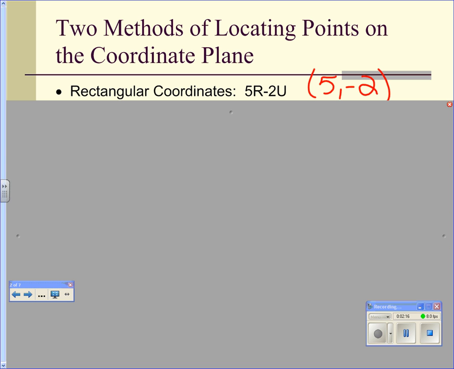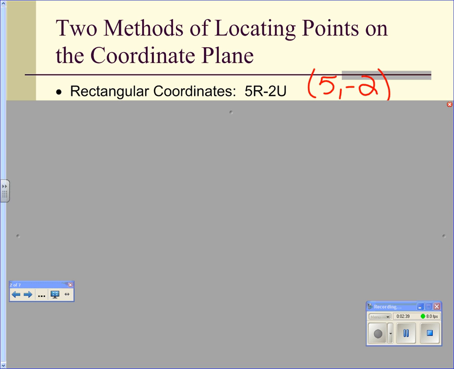The R, you can think of it as like right or left, going this way, and then the U, up. So if you are going negatively up, you're not going up, you're going down. Does that make sense? If you went up, it'd be a positive number. But if it's actually a negative number, then you're just going to be going down.